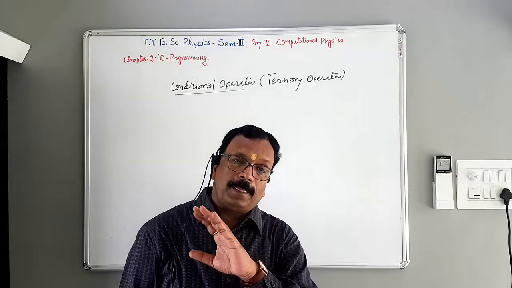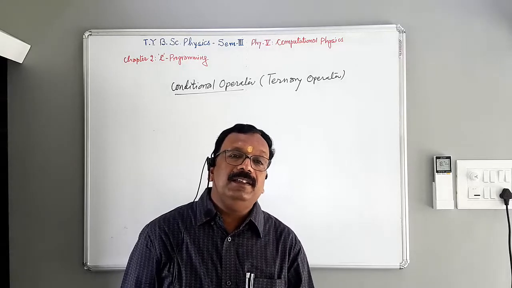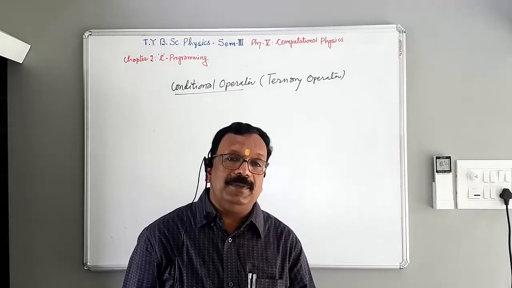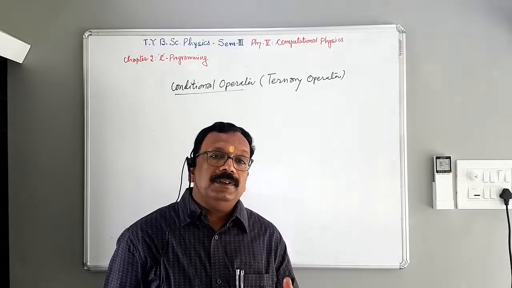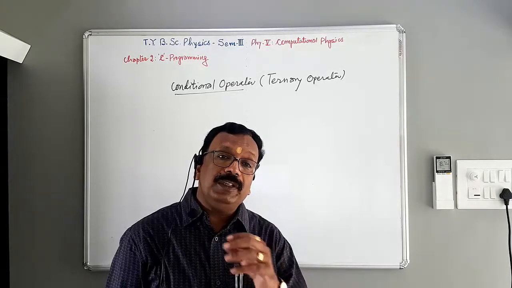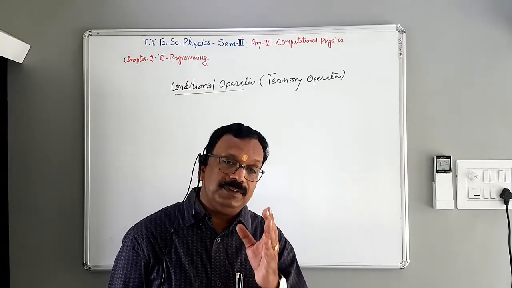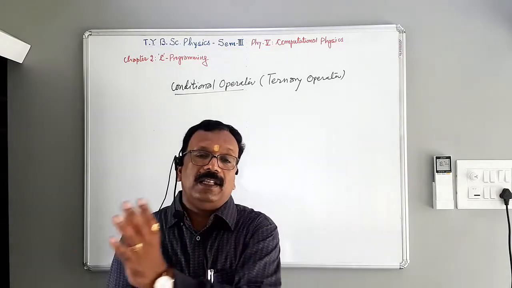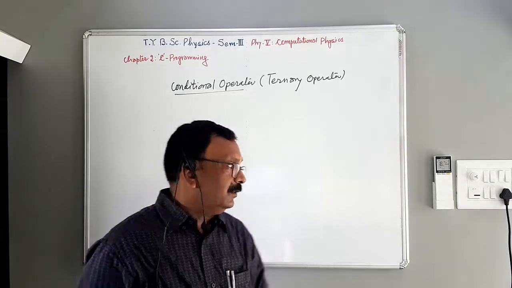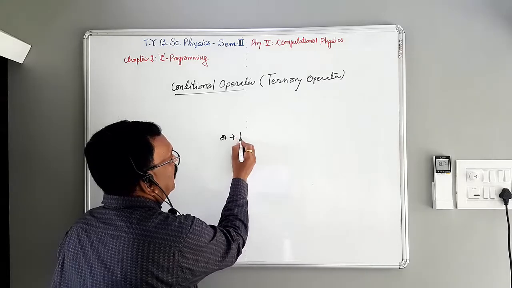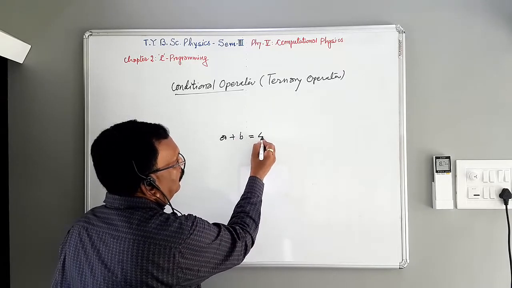In the next lecture we will see the control statements, that is the if statement and the if-else statement. When we use the word if, what is the meaning of if? If this is true, then that is true. Suppose A plus B is equal to 4.